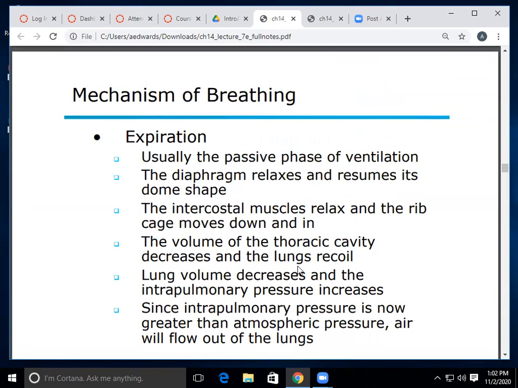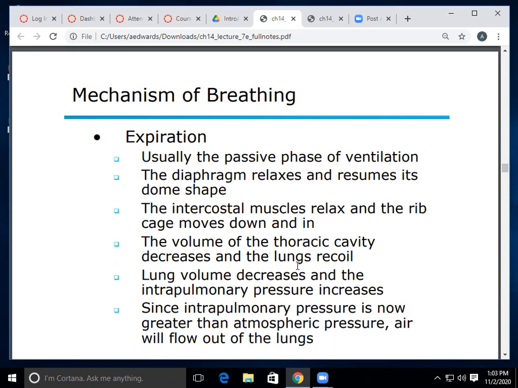Now, what about expiration or exhalation? This is typically considered passive. Here, the diaphragm is relaxing and goes back to its dome-curved shape. Intercostal muscles in the ribs start relaxing. The rib cage goes down and moves inward.